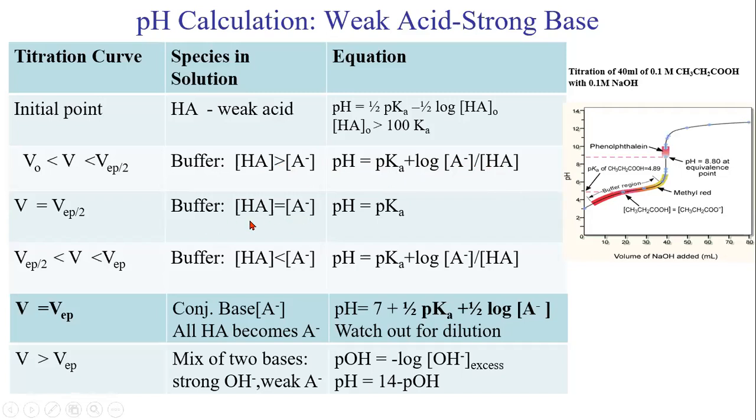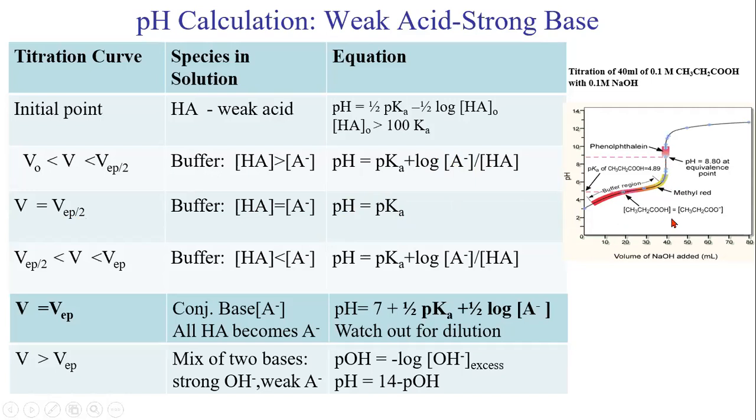In a buffer region as well, if my HA and A minus are equal, what happens to this value? The log of A minus divided by HA becomes log of 1, which is 0. And so pH equals pKa. We call this volume the equivalence divided by 2. So whenever my pH equals my pKa, that is my half equivalence.